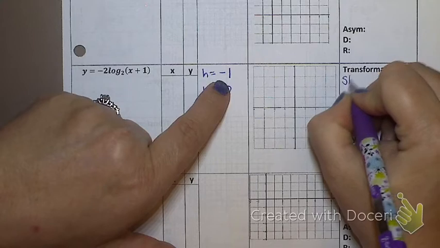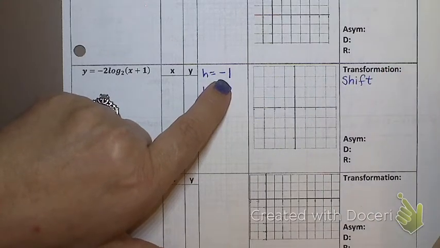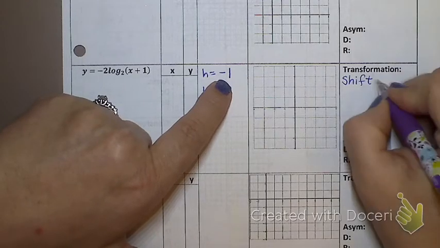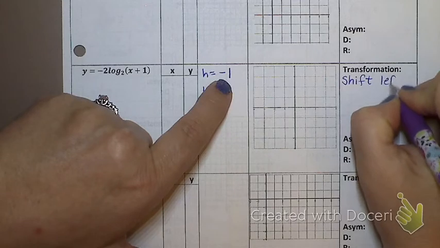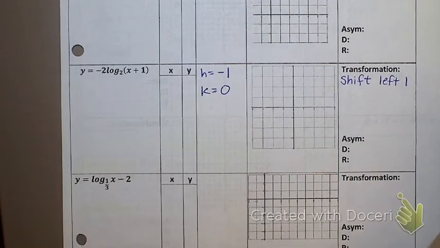I have a shift. Please don't say a shift of -1. Please don't say a shift left -1. Say a shift left 1. Because it is talking about a distance that you are shifting, and you cannot travel a negative distance. Negative is a direction, not a distance.